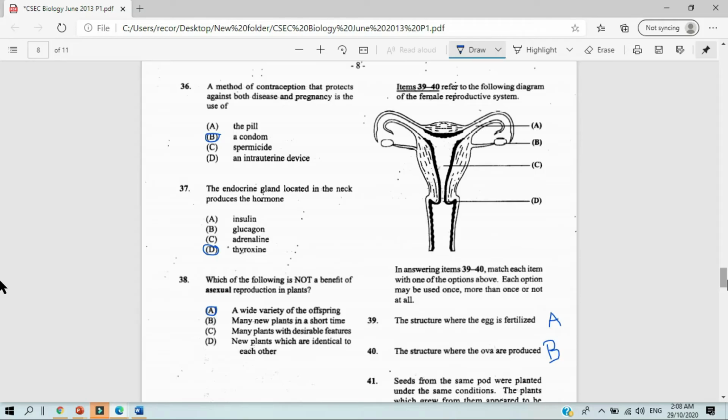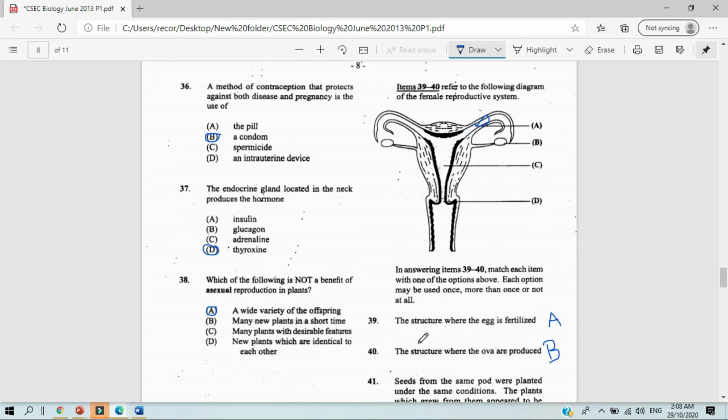Each option may be used once, more than once, or not at all. So for 39, the structure where the egg is fertilized. So 39 is trying to find out where the egg is fertilized. So it's going to be A, the fallopian tube here.